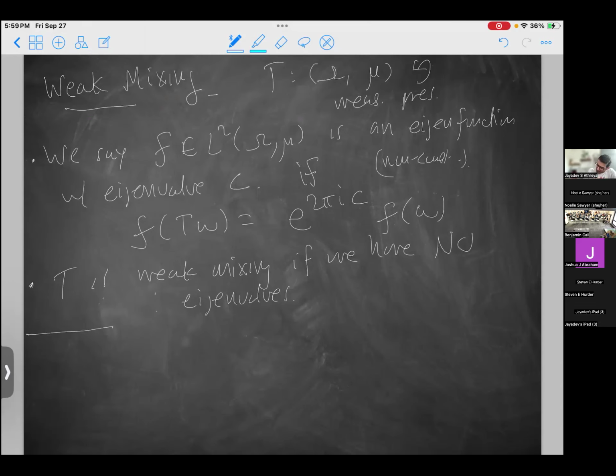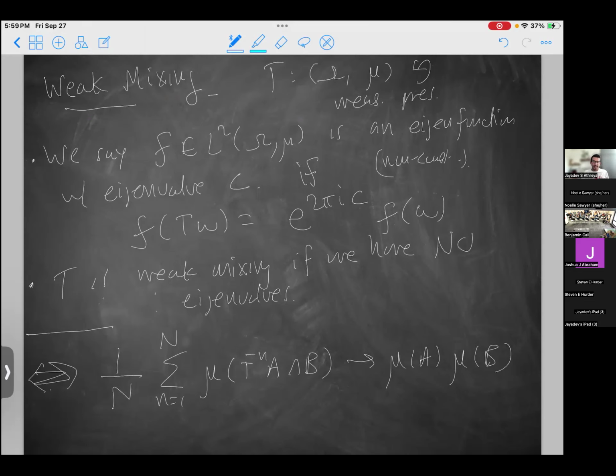What's amazing about this is that it gives you a really amazing dynamical consequence. It says that if you average mu of T to the minus n A intersect B, n equals 1 to N, this converges, and this is equivalent to weak mixing. This is not trivial, and I urge you to try and prove it. It's in many classical ergodic theory textbooks, and it's not an easy proof, but it's a very cool result.